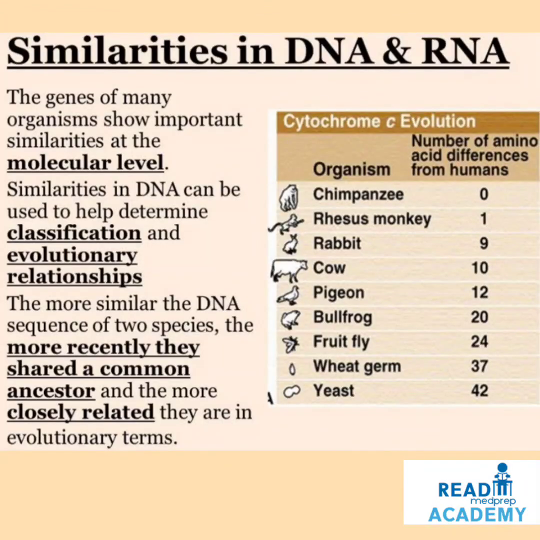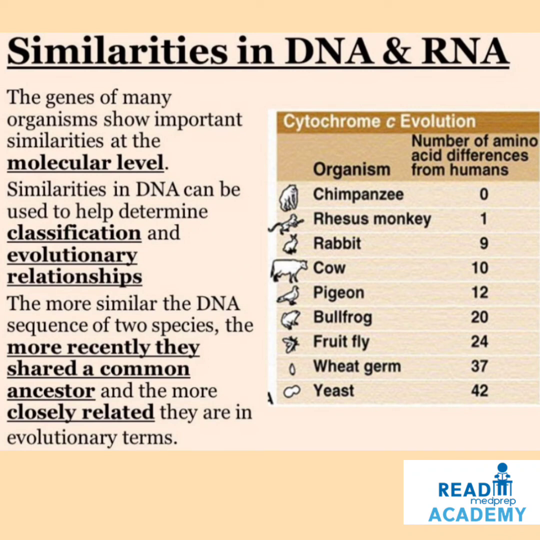synthesis. The genes of many organisms show important similarities at the molecular level. Similarities in DNA can be used to help determine classification and evolutionary relationships. The more similar the DNA sequence of two species, the more recently they shared a common ancestor, and the more closely related they are in evolutionary terms.